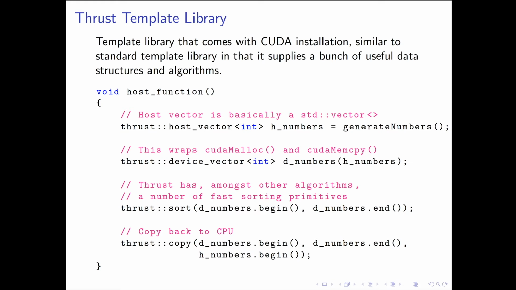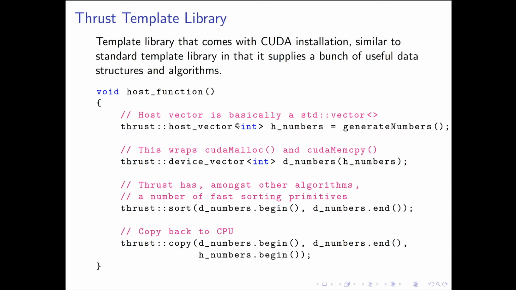Those facilities are implemented on top of the runtime API. For example, Thrust provides us with a standard template library like interface, where we can have vector data structures, and those vector data structures use RAII, the resource acquisition is initialization paradigm.